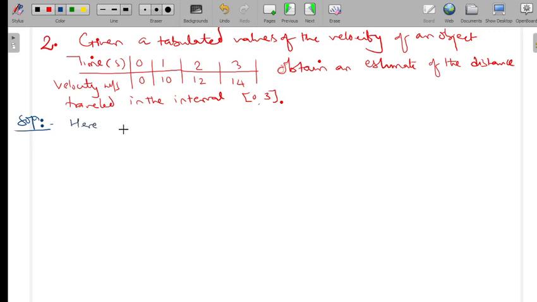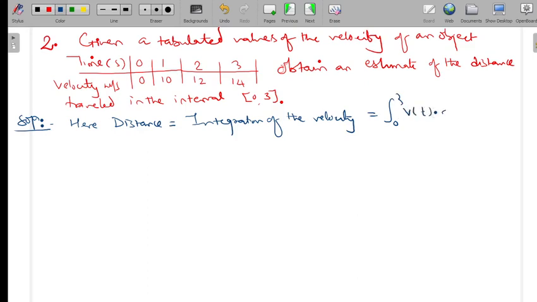Here the distance equals integration of the velocity, that is integration 0 to 3 v(t) dt.